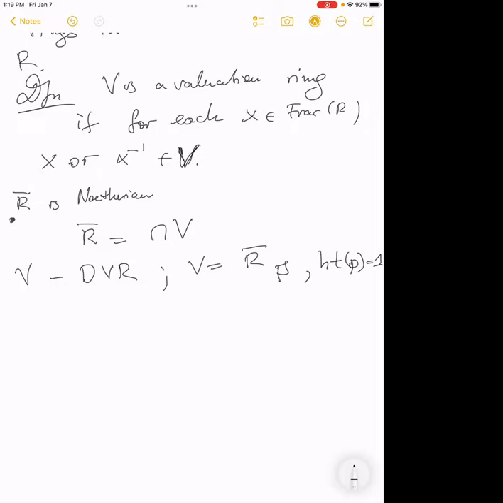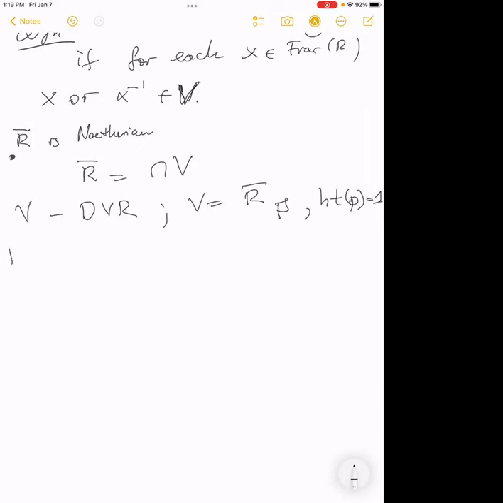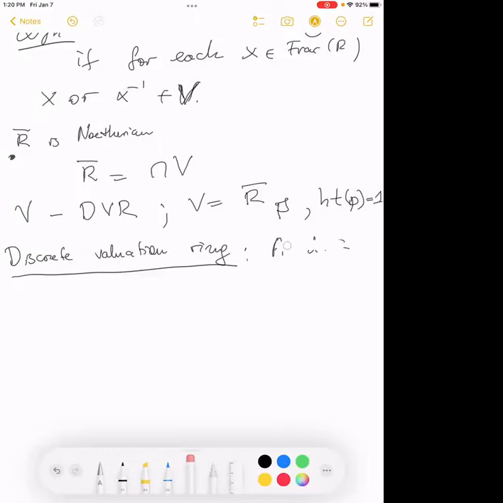What is a discrete valuation ring? Well, these have a very nice description. I will remind you of it. So a discrete valuation ring, a DVR. Well, I need to start with defining what a valuation is, and then I'll define what a discrete valuation ring is.